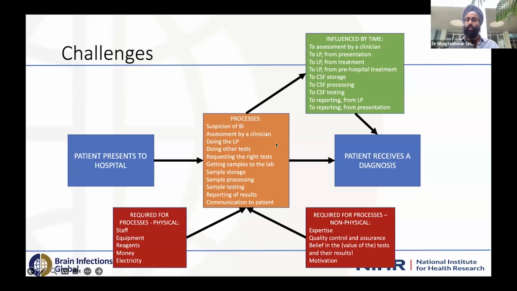There are many processes involved. Some of those are influenced by time, some require physical or material objects to be there, and some require capacity or capability of other sorts, and many things need to work in order to make a diagnosis.